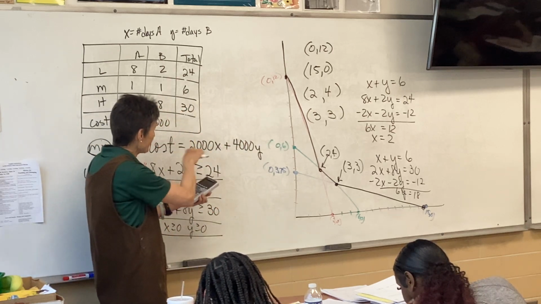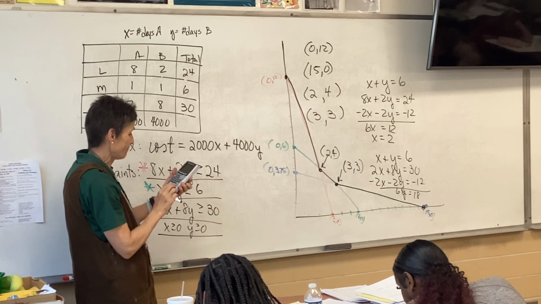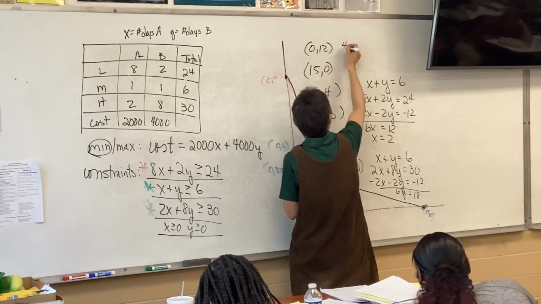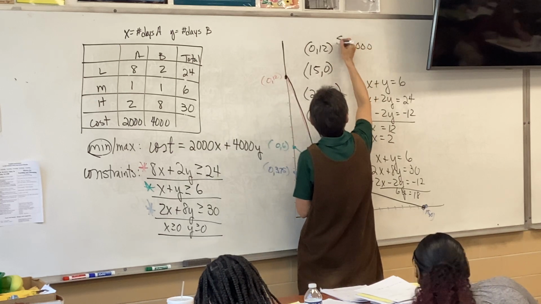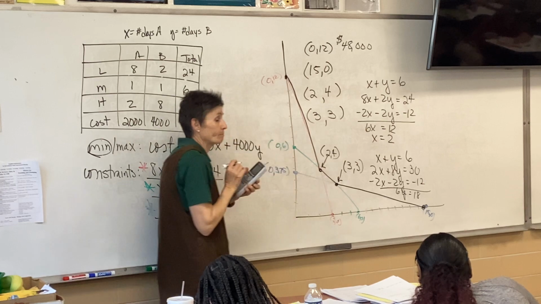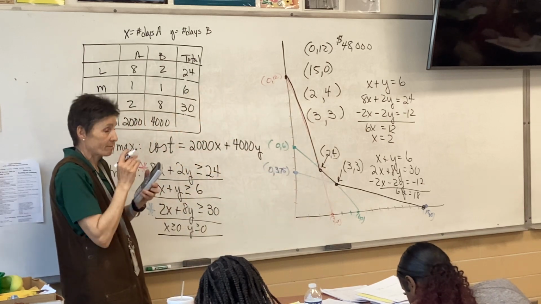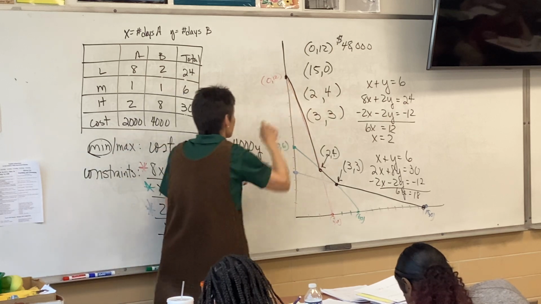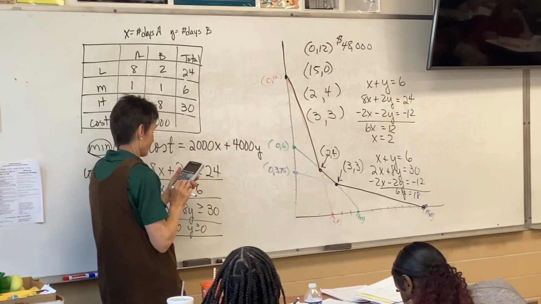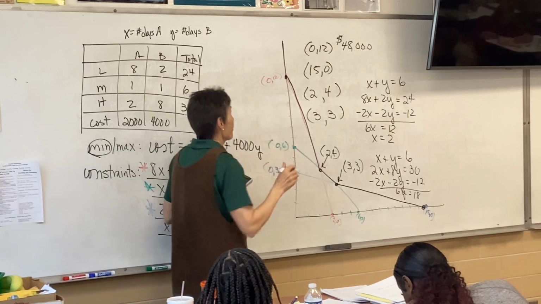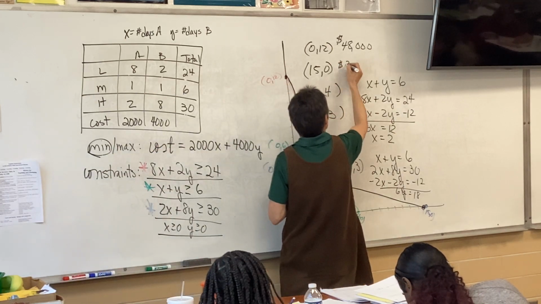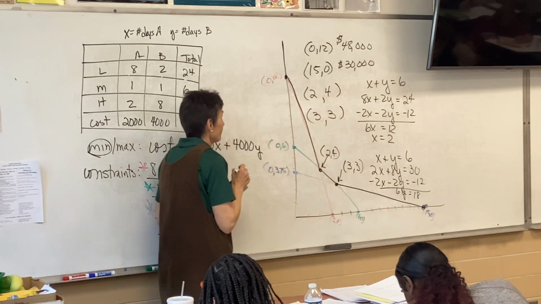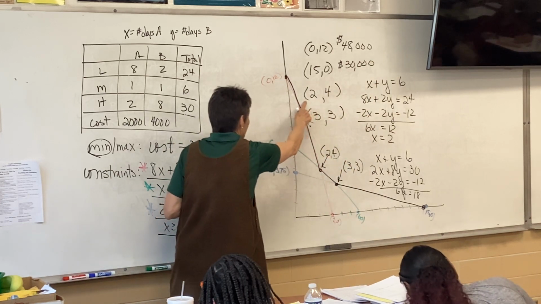So that first one up there, there's no x, so 4,000 times 12. So if I go this route, it's going to cost me $48,000 to make the paper that I need. If I go this route, it's going to cost me $30,000. What if I go this route?